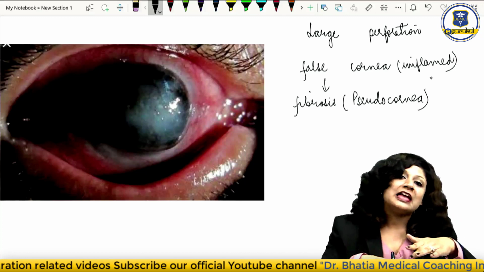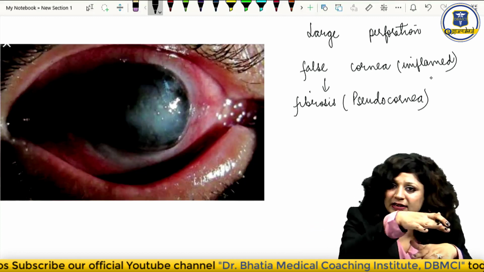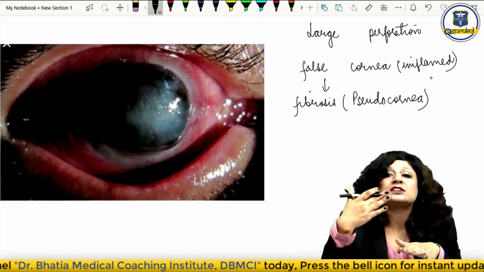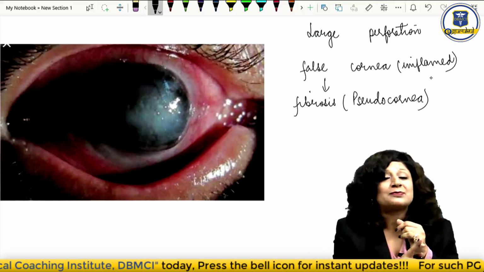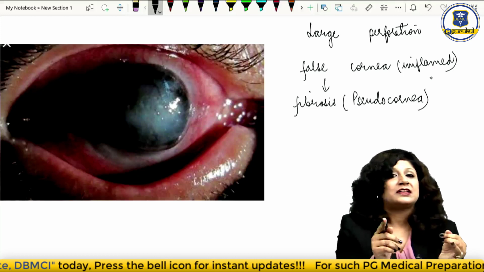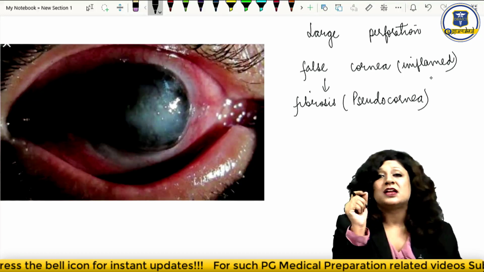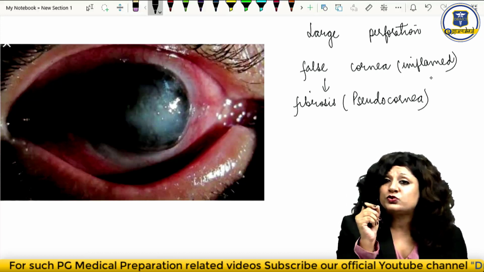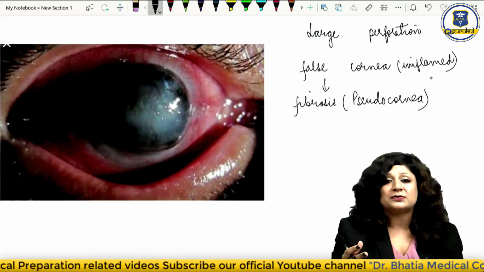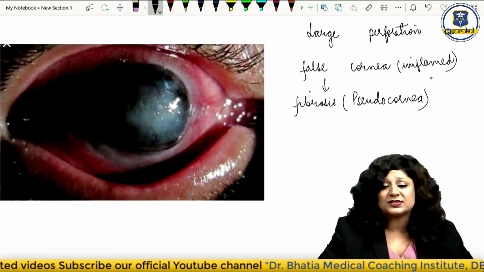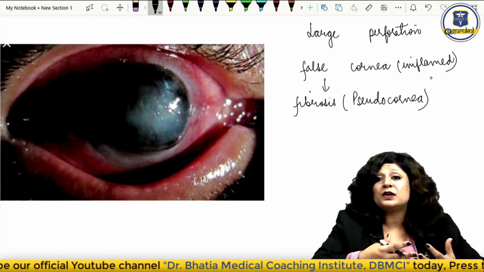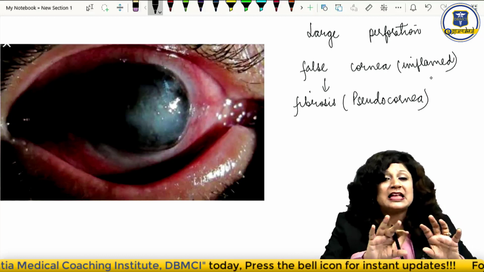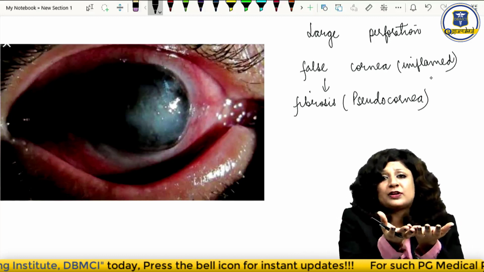Now whenever we have inflammation, fibrosis will take place. So that second line that is forming due to fibrosis is the pseudo cornea. When I say it is a false cornea, a pseudo cornea, that means it does not contain the true layers. Because it is not truly the cornea, after some time the whole tissue comes out because aqueous humor is pushing it anteriorly, and it gives a bunch of grapes appearance.